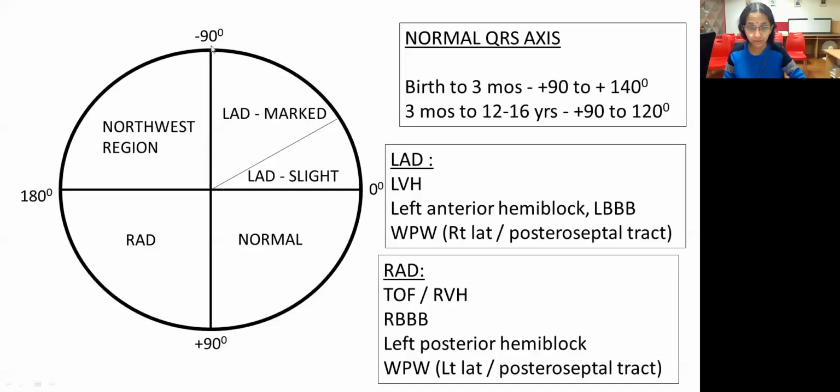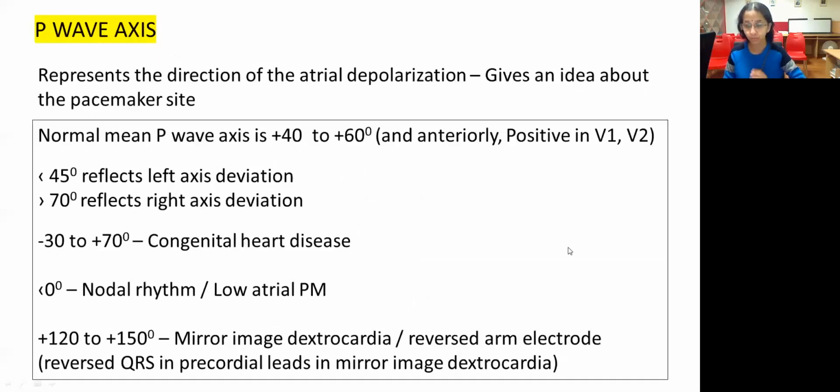Also, in structural heart diseases, for example an inlet VSD or a muscular VSD, you commonly have a leftward axis. If you have tricuspid atresia, you can have a leftward axis. And for that matter, if it's a VSD with pulmonary atresia or DORV, you can have a rightward axis, which could also be in the northwest region. So this is the implication of the QRS axis, which is abnormal.